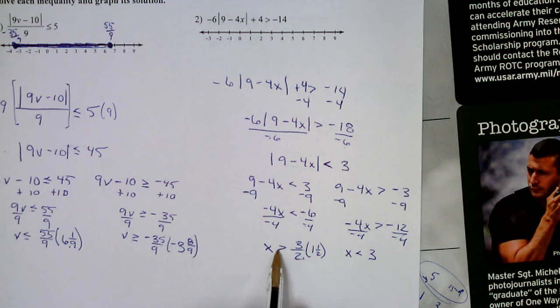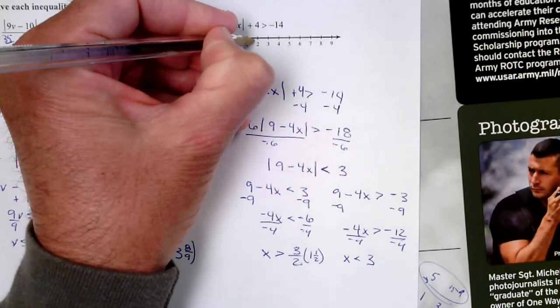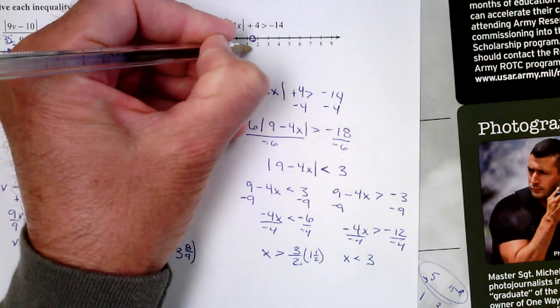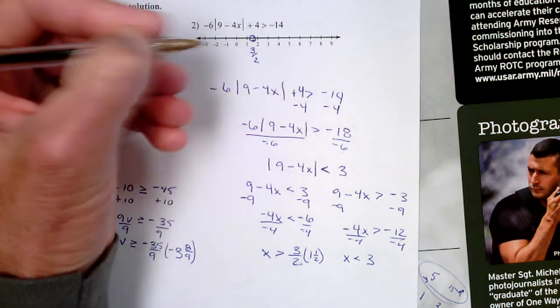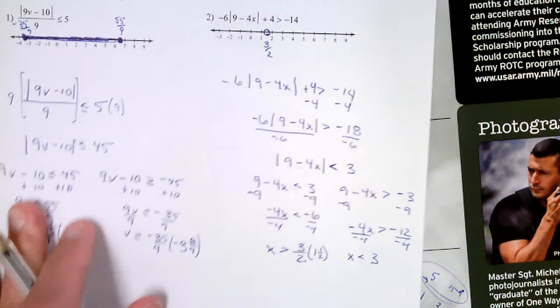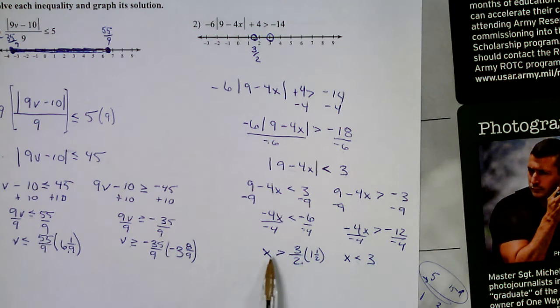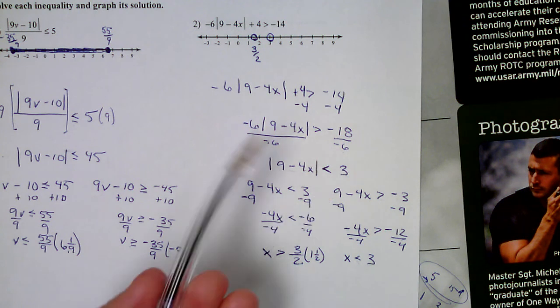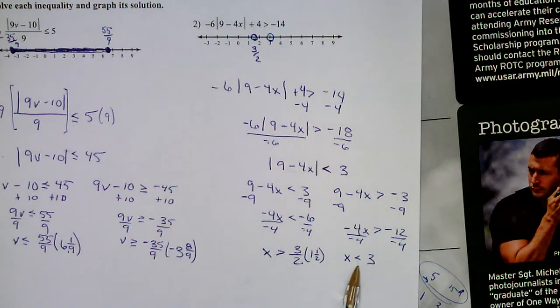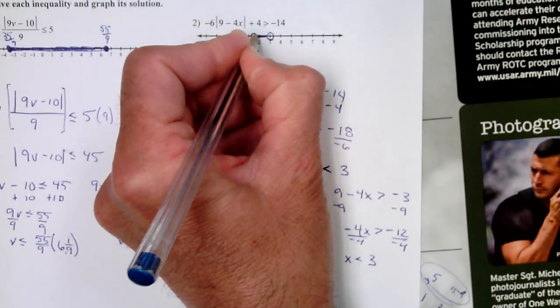So I'm going to put an open circle at 1 and 1/2, and I'm going to label it 3 halves because that's where it is. And then we have an open circle at positive 3, so that's this one over here. Okay, x has to be greater than 3 halves, which means it's going to be everything to the right of 3 halves, and less than 3, so it's going to be everything in the middle.